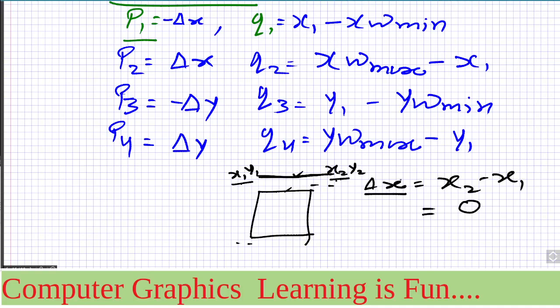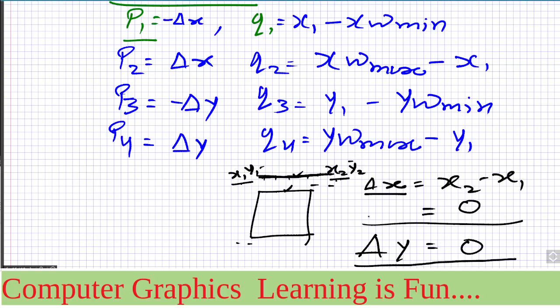Oh yeah, sorry. Definitely what you are saying is correct. In this case delta y will be 0. If it is horizontal to this x axis, in that case x is gradually changing, however y remains constant. So the difference between y values is 0.